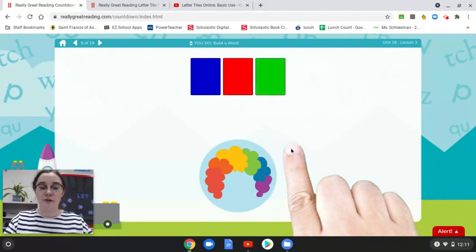Wig. We've got our three color tiles on for each sound. Now, I want you to spell the word by putting each letter tile down underneath the color tile to spell the word wig. Go ahead and place down your letter tiles to spell wig.